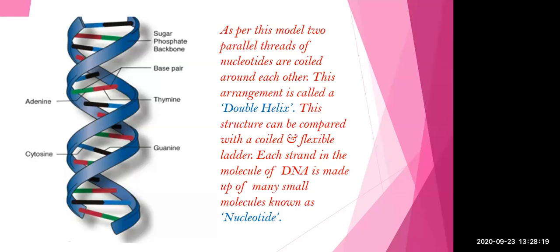Each strand in the molecule of a DNA is made up of many small molecules known as nucleotides, right? For example, take sugar. You must have studied it in photosynthesis also. We see the sugar molecule, right? The sugar molecule is made up of many different glucose molecules, right?